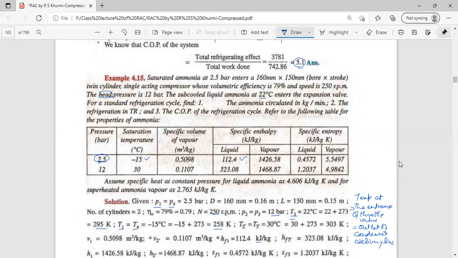And hf3 is the enthalpy of the fluid at the outlet of the condenser, which is situated on the saturation line. It is the enthalpy at the higher temperature, at 30 degrees, given as 323.08 itself.